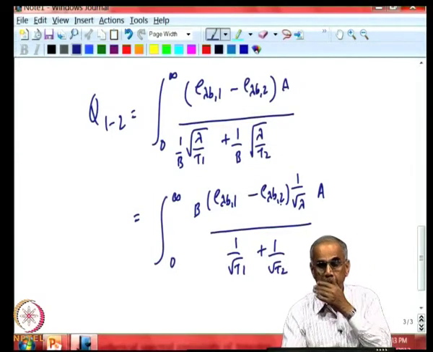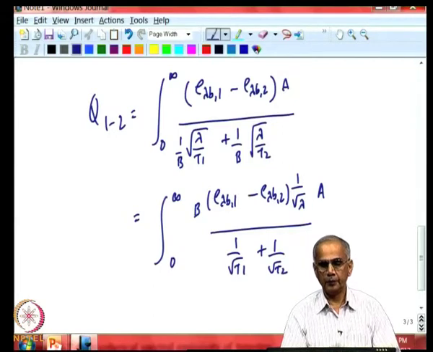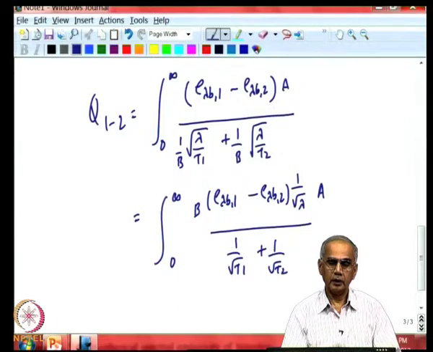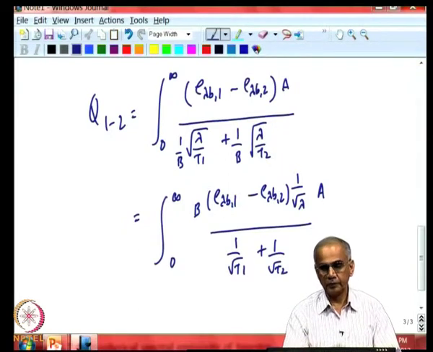Now, this can be integrated suitably, and we also already discussed the results obtained by this integration, and we showed that the heat transfer between two surfaces need not be proportional to temperature difference and can behave in rather unusual ways.